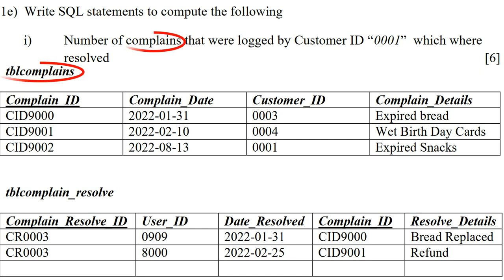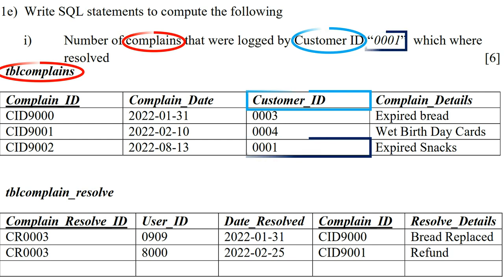But we are not just counting the number of complaints. These complaints were lodged by a customer, and to refer to the customer, we use the customer ID. But we are not counting all the complaints, we are counting the complaints lodged by a specific customer who has a specific customer ID, which is 0001.